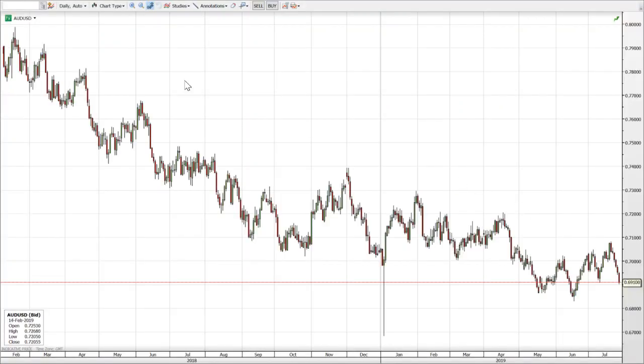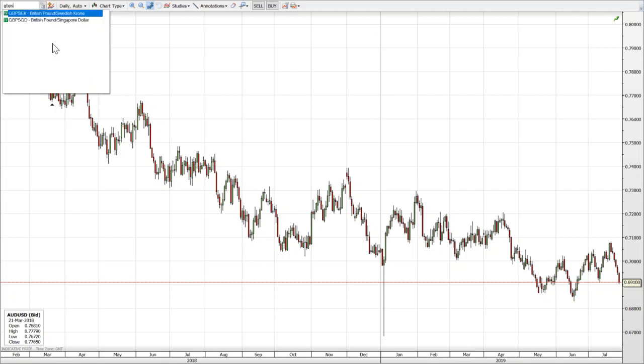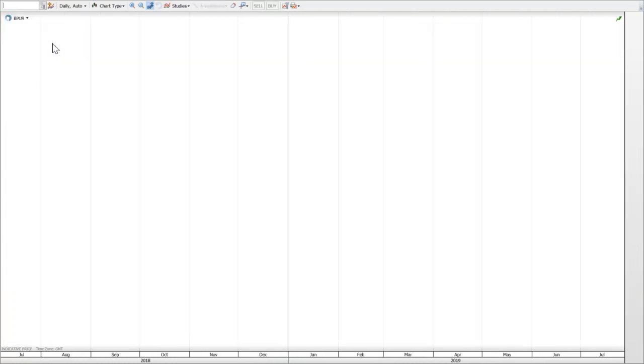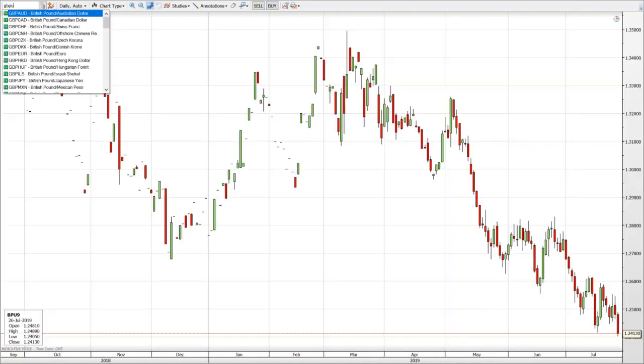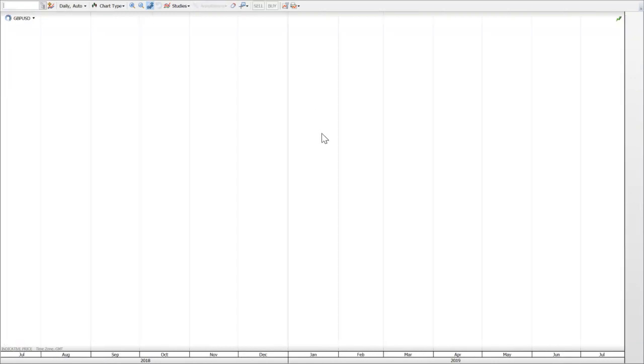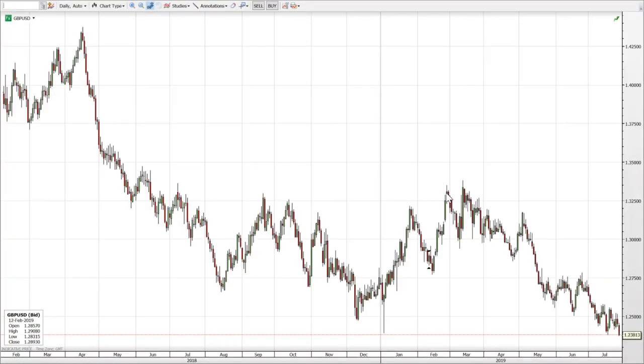We're seeing that same US dollar weakness reflected in Australian dollar. And we can kind of see the same thing happening against the British pound, I suspect, and yes, it is.